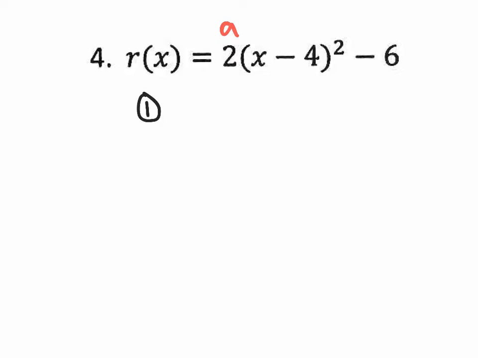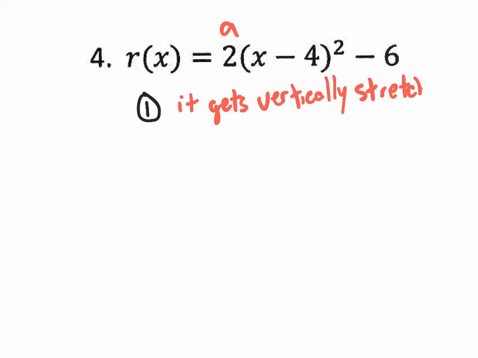How do we describe that transformation that it first gets narrower? You're going to say it gets vertically stretched. Now you could put in parentheses, what does vertically stretched mean? It means narrower.